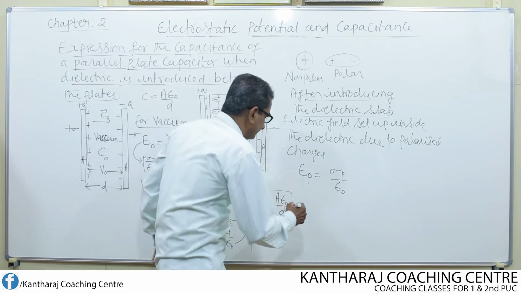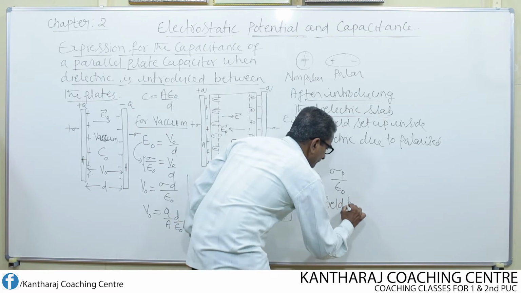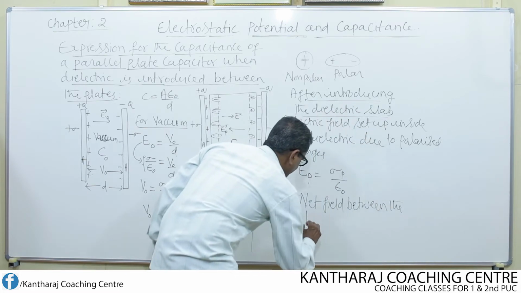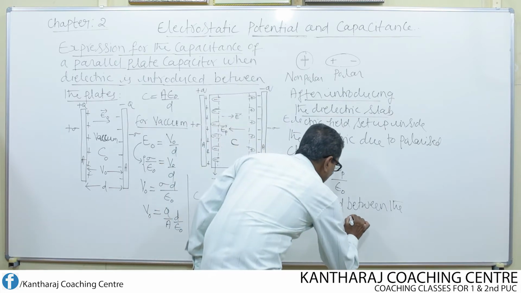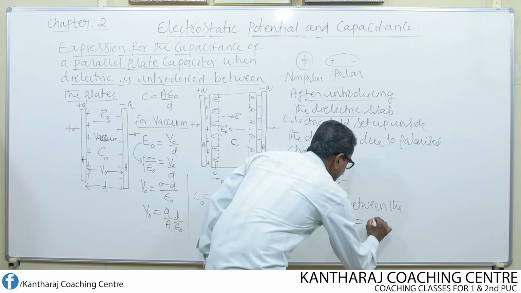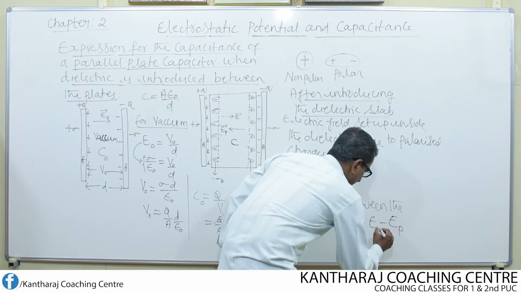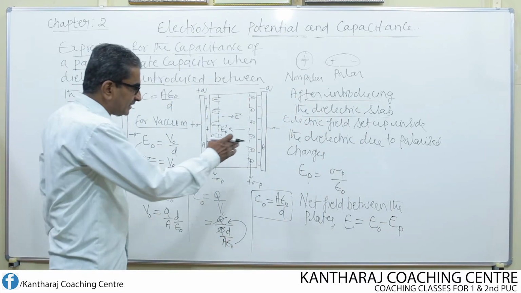Net field between the plates is given by E equal to E naught minus EP. What is E naught?